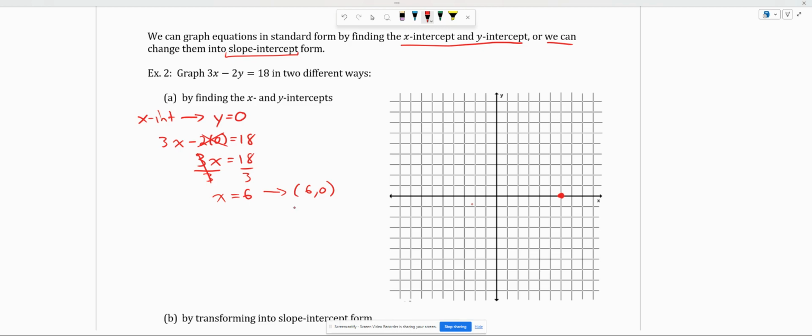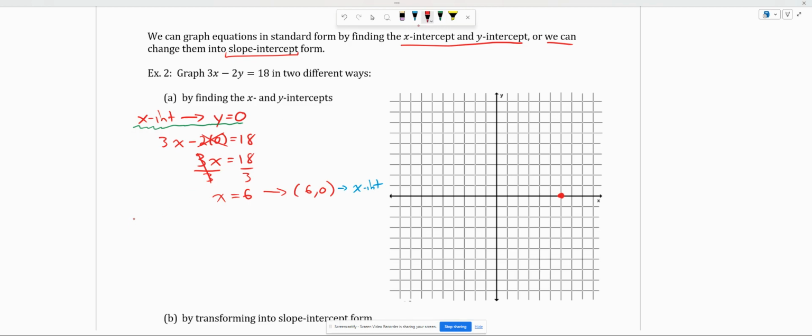So that was the coordinate we just achieved there for my x-intercept. So this is what we would call our x-intercept.